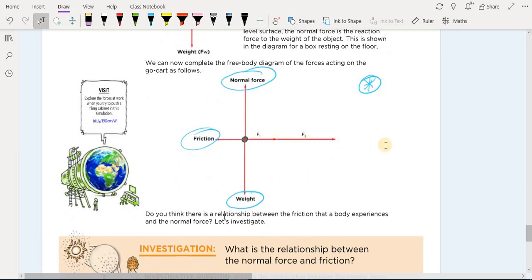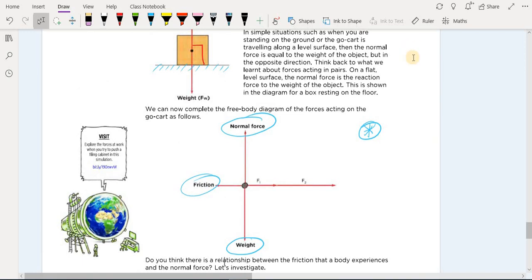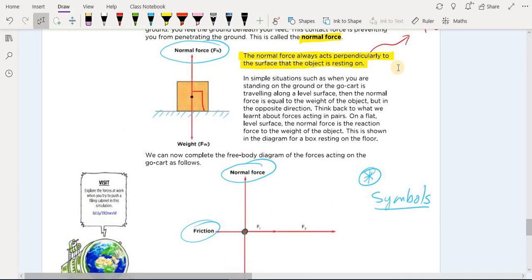And we've got two other forces pulling along to that. The last thing I want to pick up on is, instead of using words in a force or free body diagram, we often use symbols as well. And you can see up here, there's a symbol there for normal force, and there's a symbol there for weight.